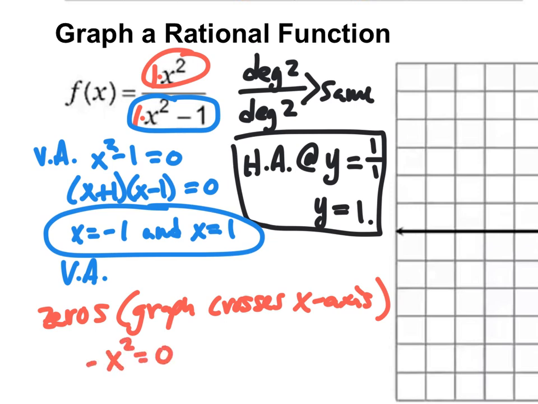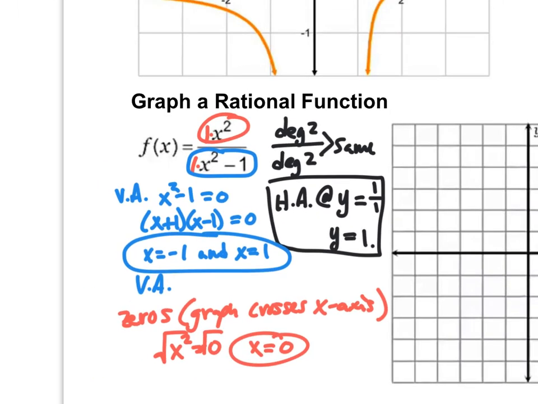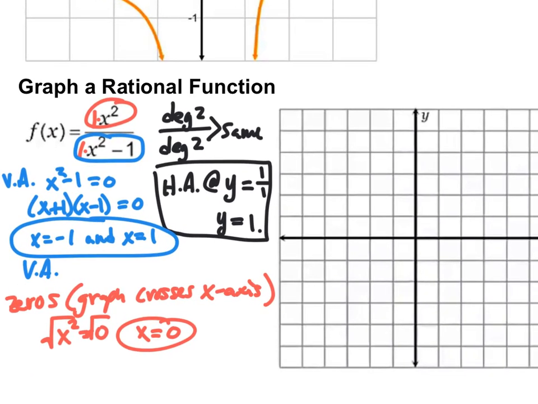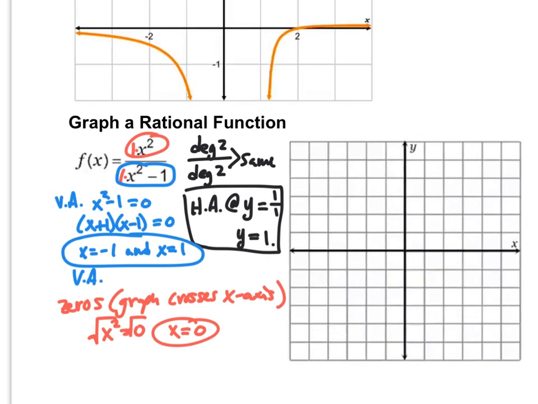To solve, you take the square root of both sides. The square root of 0 is 0, so x is equal to 0. So my zero is at x equals 0, right there.